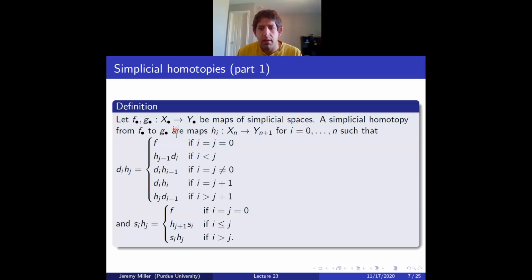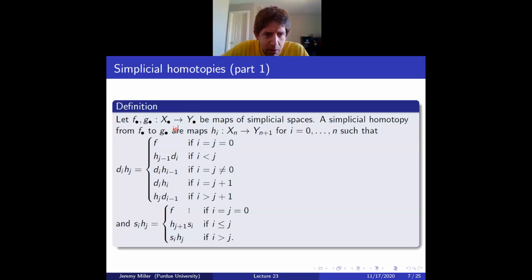The next few slides are about where this formula comes from. In analogy with chain homotopies, it might make sense that you want a homotopy to be a degree shifting map, but how do we guess that this is the right formula?